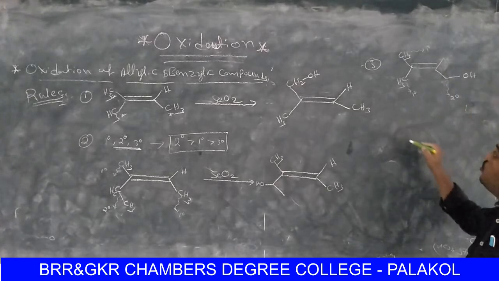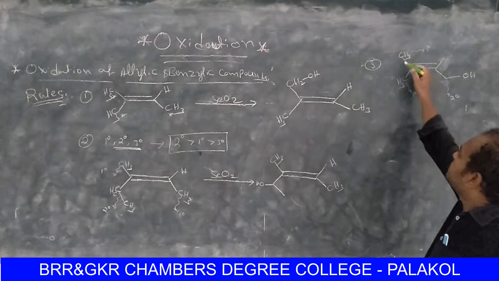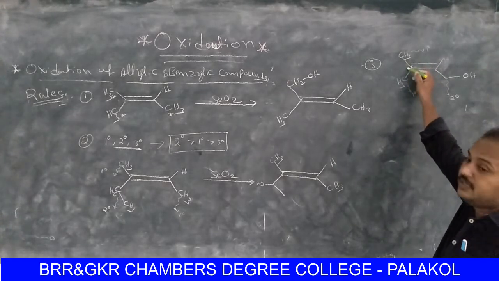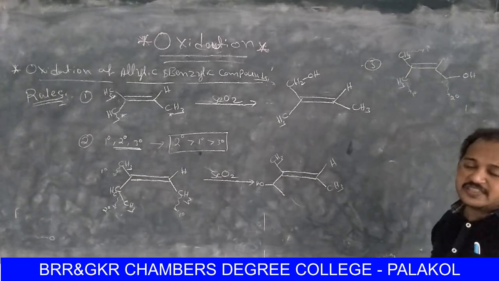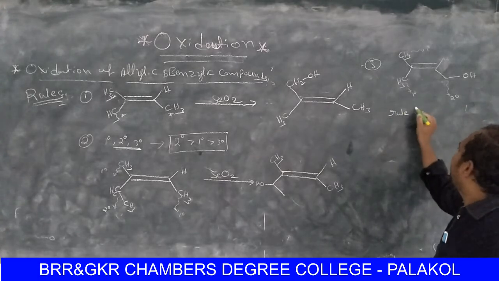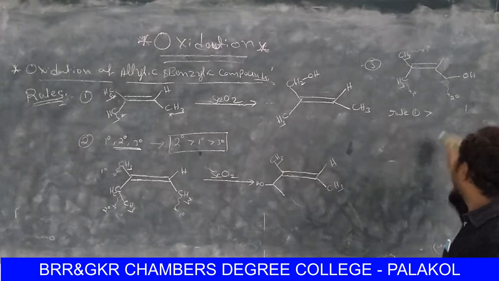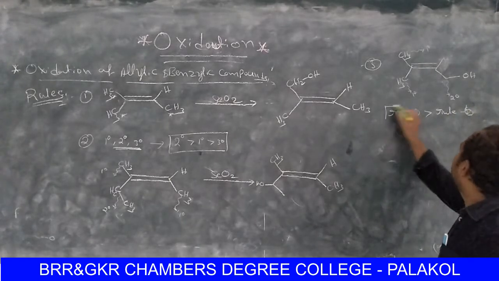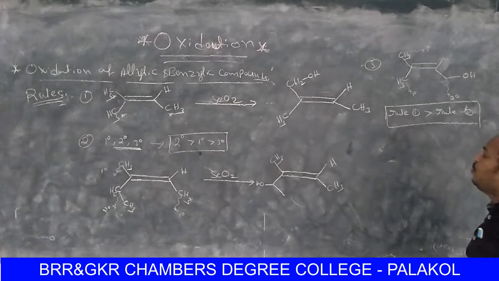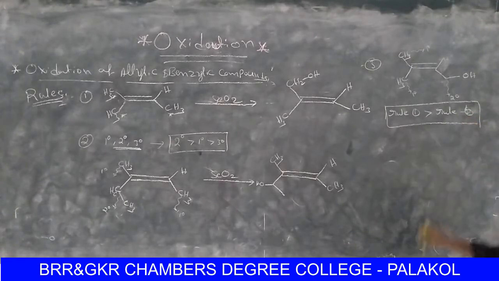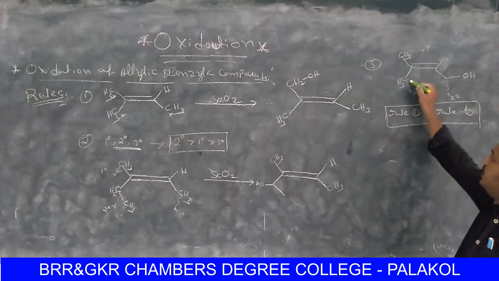But according to the first rule, oxidation takes place only at this carbon, because this carbon is the more substituted carbon. When we get this kind of confusion, don't worry about it. Rule 1 takes first priority, then rule 2. This is the rule we need to follow here. So that's why oxidation takes place only at this position.